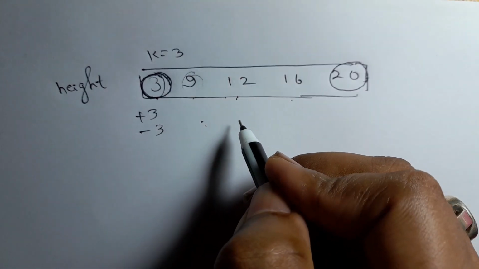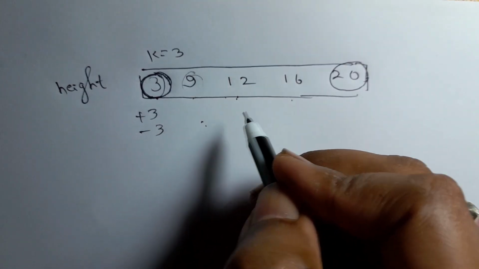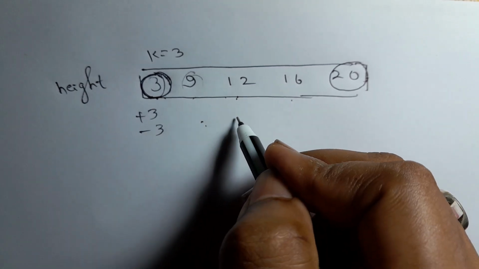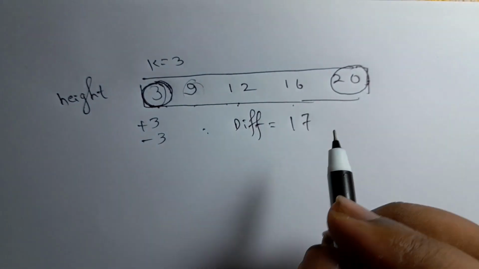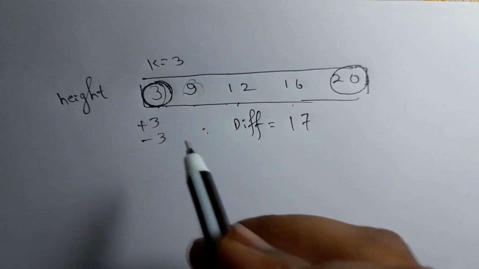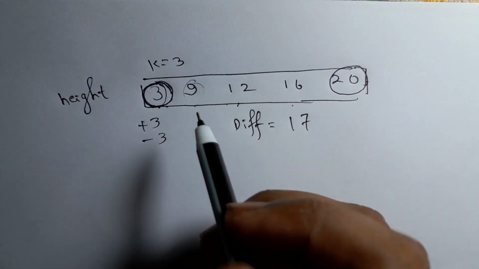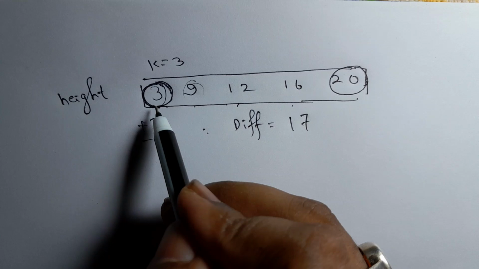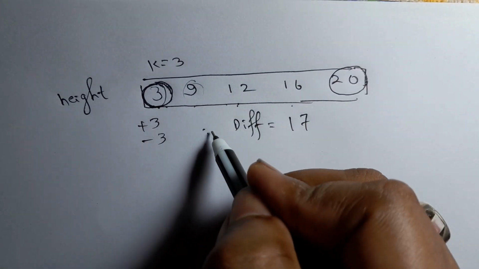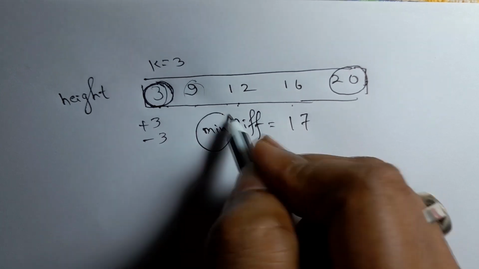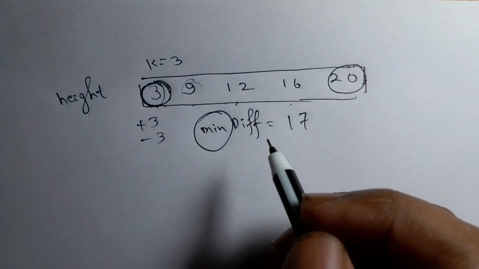So what is the difference between the minimum and maximum element? The difference is 17. So after applying those operations, we have to determine the minimum difference.